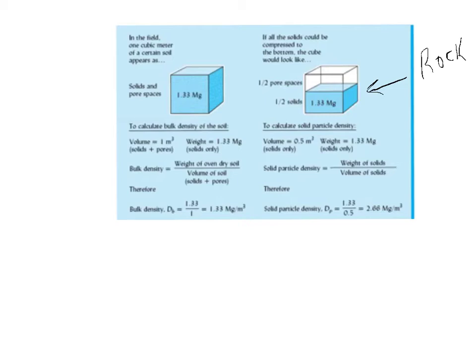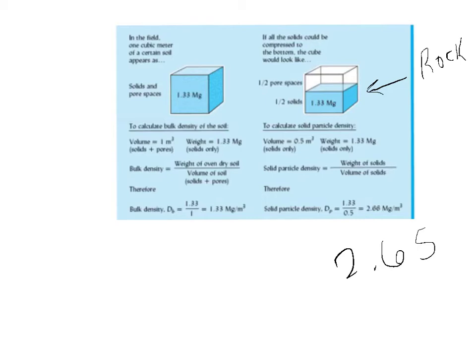And you can see in your book that we can actually assume that the particle density of any soil is 2.65 or so, give or take, because particle density is a little bit harder to get to than just plain old bulk density.